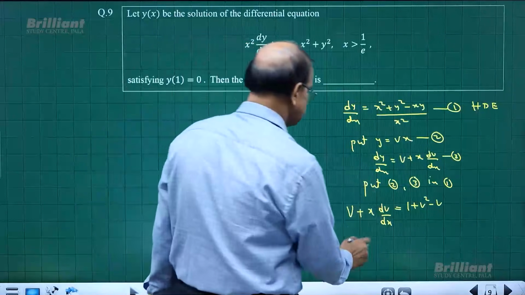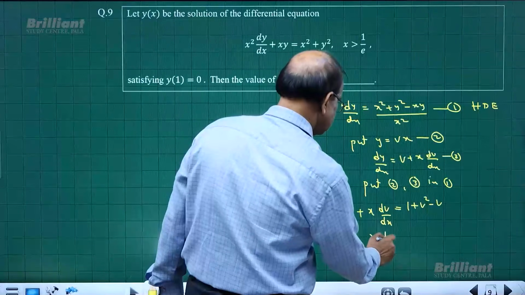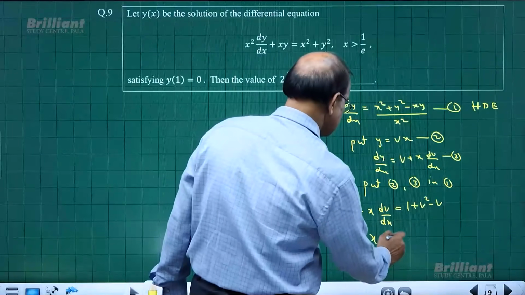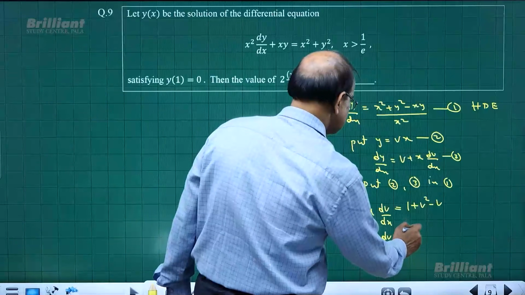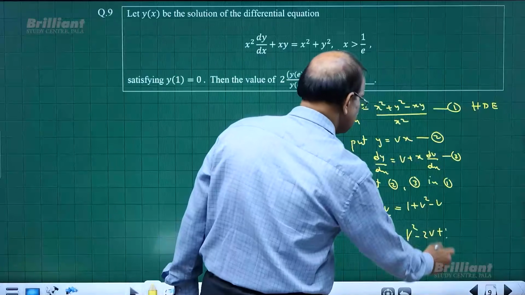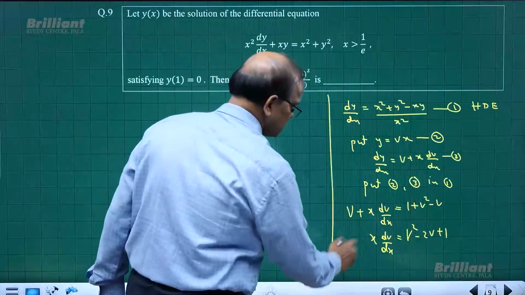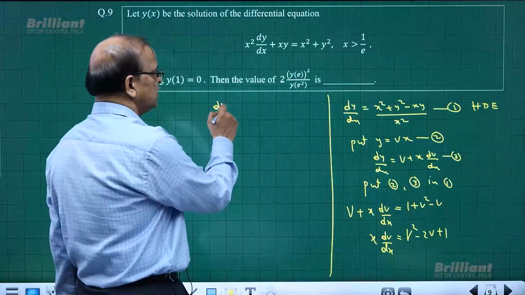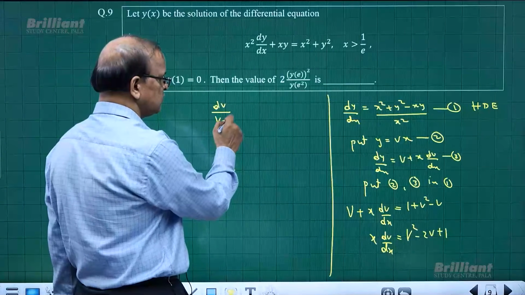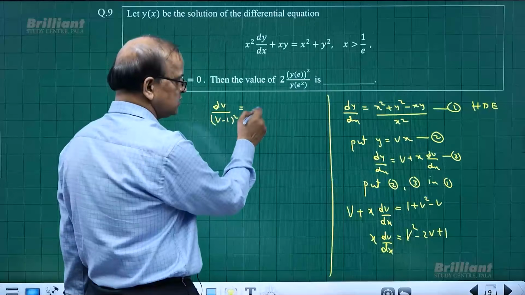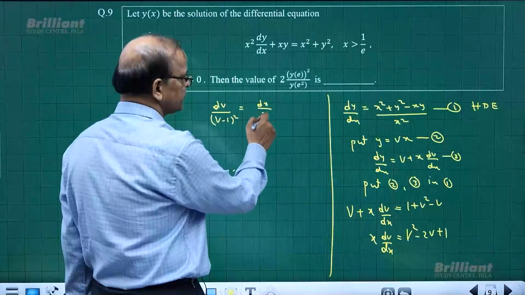So v transfers to that side, x dv by dx equals v square minus 2v plus 1, so (v minus 1) whole square. So variables separable: dv by (v minus 1) whole square is equal to dx by x.